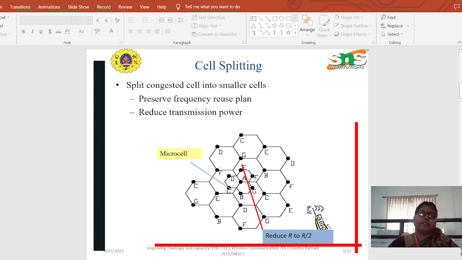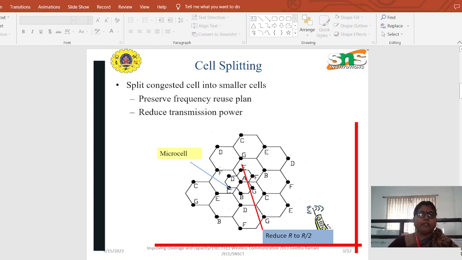One is frequency reuse. Frequency reuse is nothing but we are going to reuse the frequency for the cells with limited interference, isn't it? So we have to preserve the frequency reuse plan for that cell, and also we want to reduce the transmission power. So power is another important factor while designing the cell, isn't it?